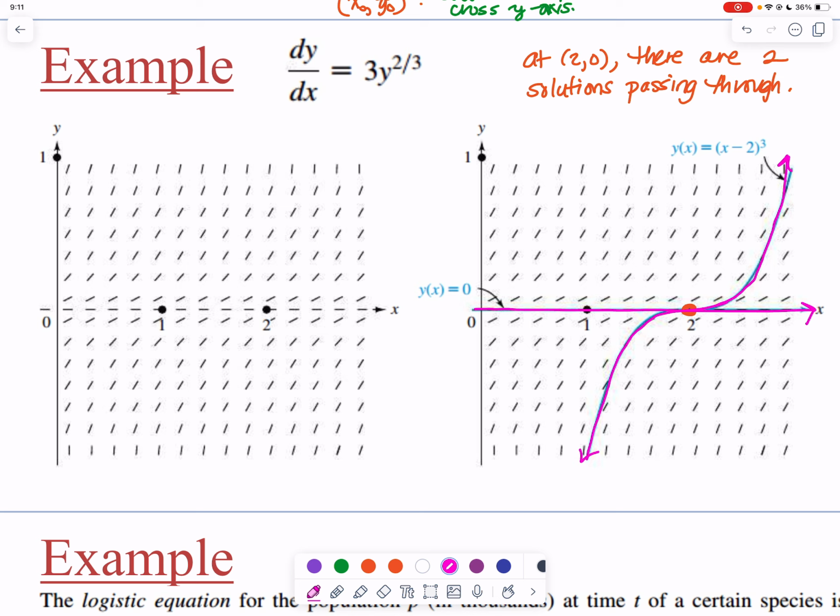And this is because this DE does not satisfy the uniqueness and existence theorem.